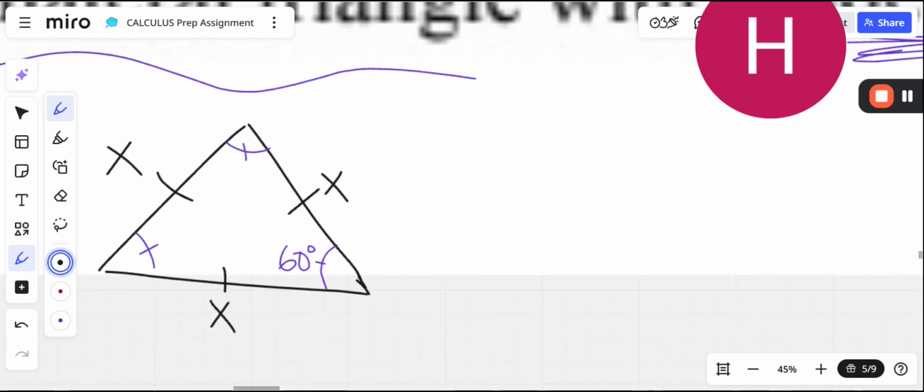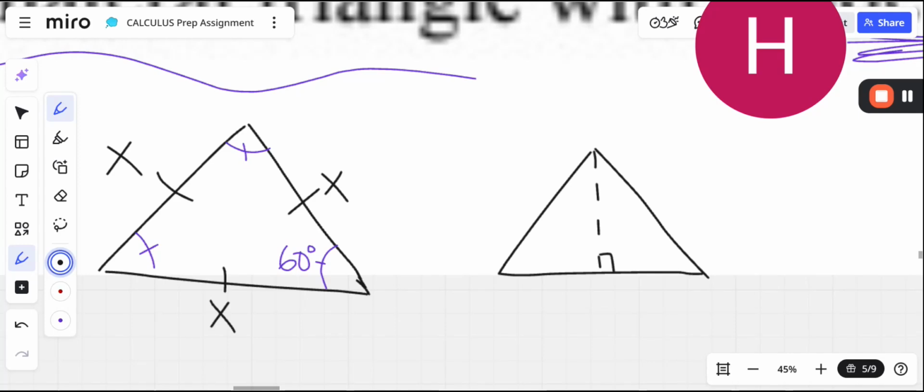We can do something clever, and this is going to rely on geometry. We can split this down the middle. I'll draw it a little bit better. We can split this down the middle to form a right triangle, because in order to find the area of a triangle, we typically want to use just 1/2 base times height.